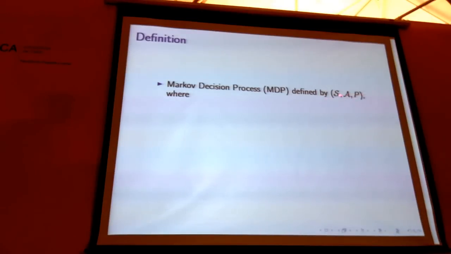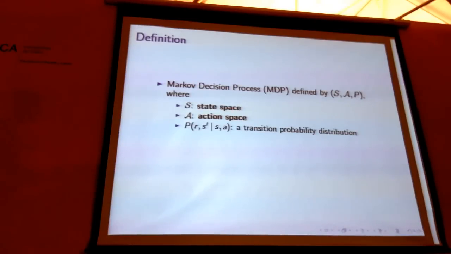S is the state space, A is the action space, and P is this transition probability distribution. This tells you the probability of the reward, which is just a scalar, a real number, and the next state, which is also in the state space, given the current state and the action.